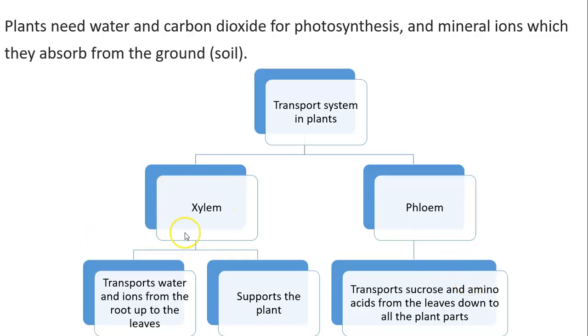Another function of the xylem is that it supports the plant. It acts like your vertebral column, for example, keeps the plant standing up. Okay, so again, xylem transports water and ions and also supports the plant. Phloem transports sucrose and amino acids.